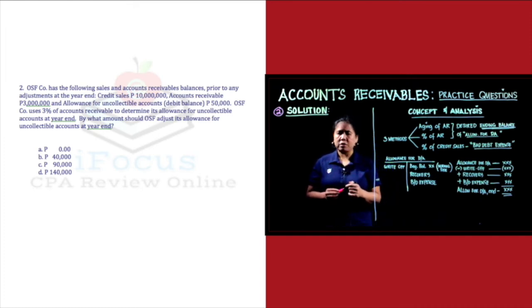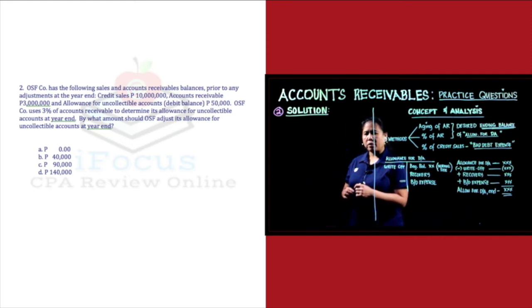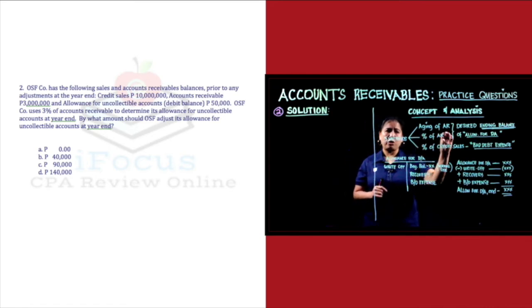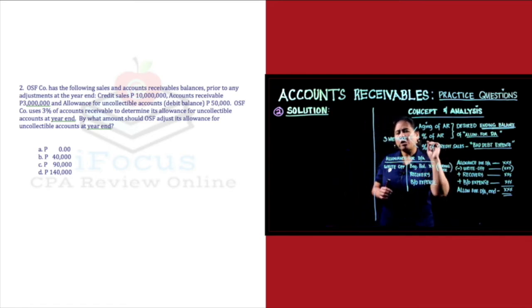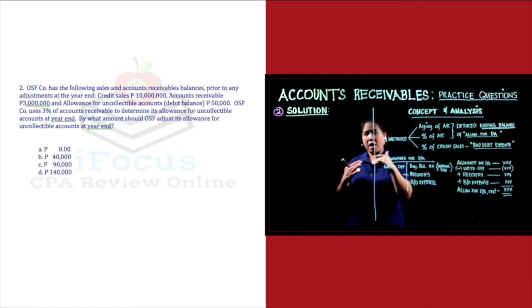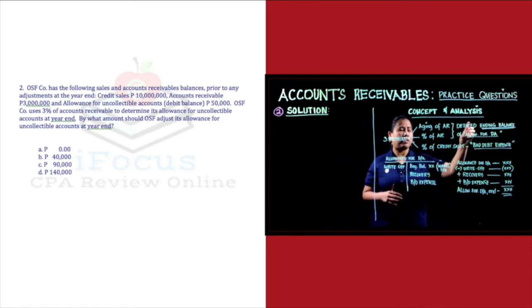OSF company uses 3% of accounts receivable to determine its allowance for uncollectible accounts at year end. Okay, ang ginagamit niya is percentage of accounts receivable. So, yung makukuha nating percentage of accounts receivable, yan na po yung desired ending balance ng ating allowance for doubtful accounts. Alright? Yung account na ito, yan ang magiging ending balance natin.